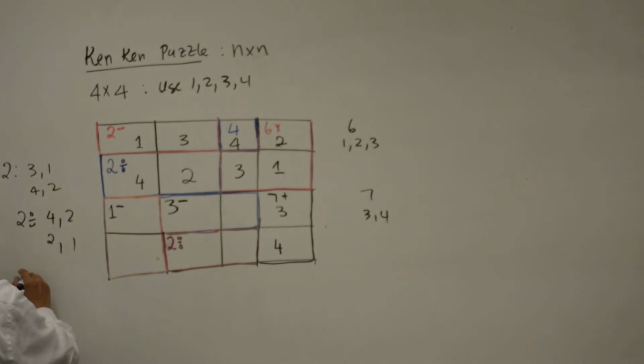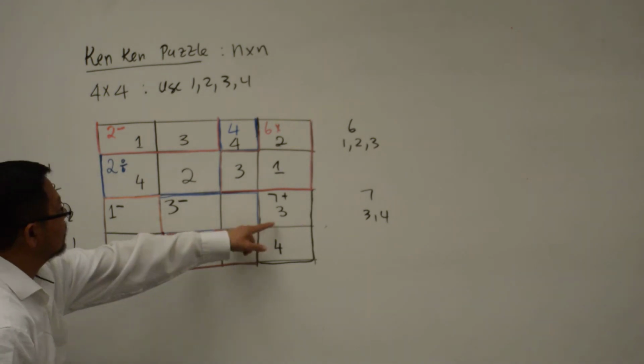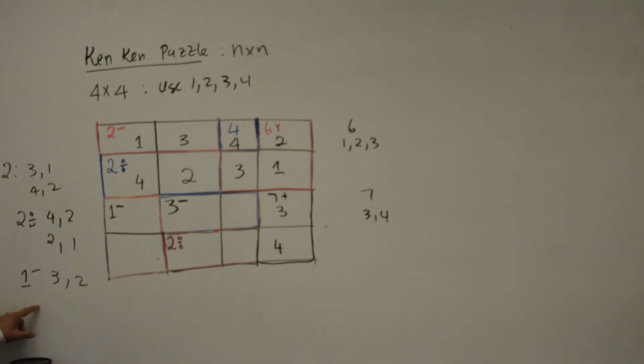For 1 minus, we can use 3, 2, but I cannot use 3 because 3 is in here already. Or I can use 4 and 3, those are all the combinations I have.